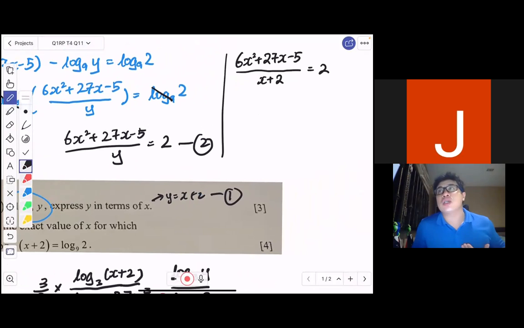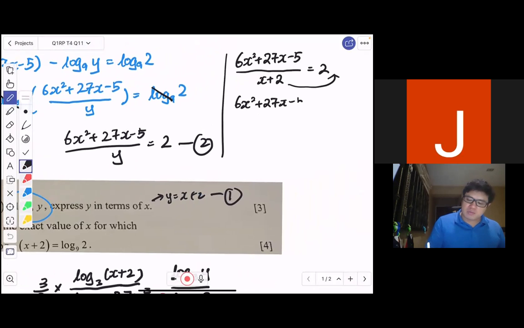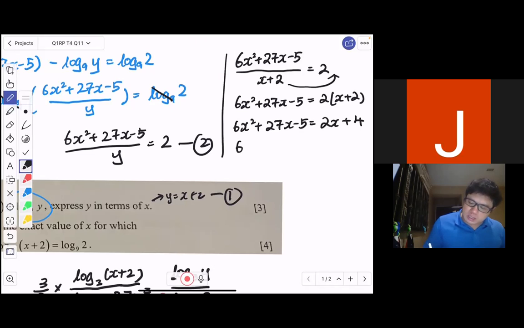I'm solving a simultaneous equation. Now bring my x plus 2 to the right: 6x squared plus 27x minus 5 equals 2 times (x plus 2). This gives me 6x squared plus 27x minus 5 equals 2x plus 4. This gives me 6x squared plus 25x minus 9 equals 0.